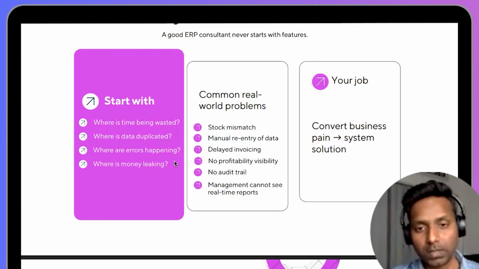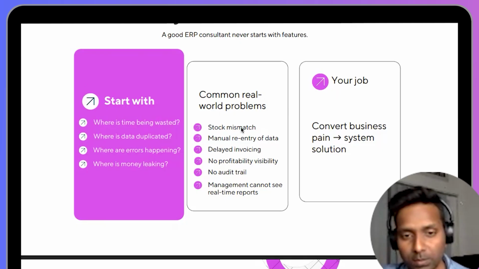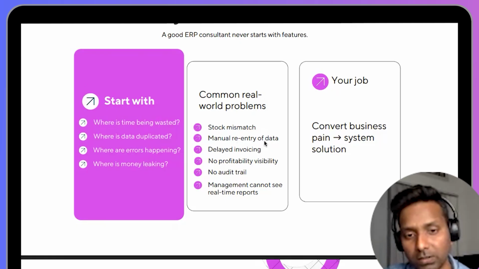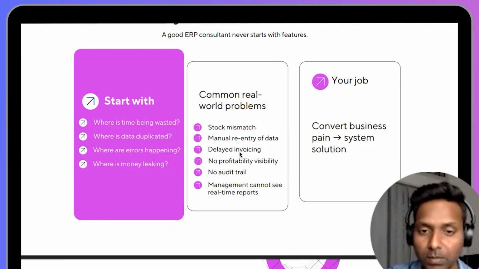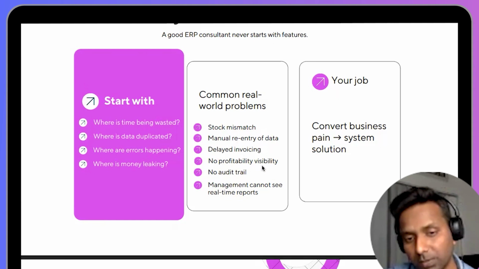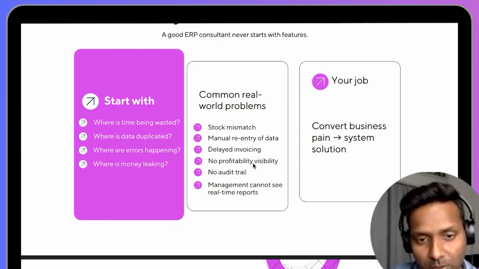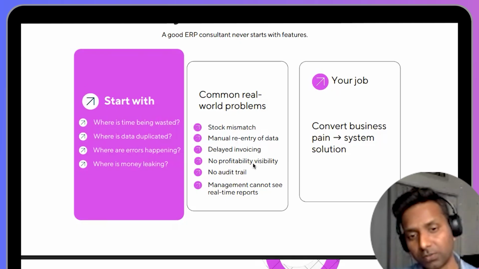Common real-world problems include stock mismatch, which is very common in every business without ERP or proper management. Then manual entry of data and delay in invoicing. In most companies we have noticed that they do not send invoices on time, which causes huge losses and fund problems. Then no profitability visibility: even if the company is making profit, they do not know exactly how much profit they are making, or from which project or area the profit is coming.